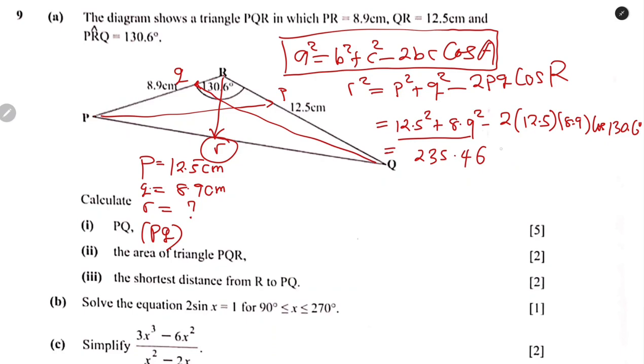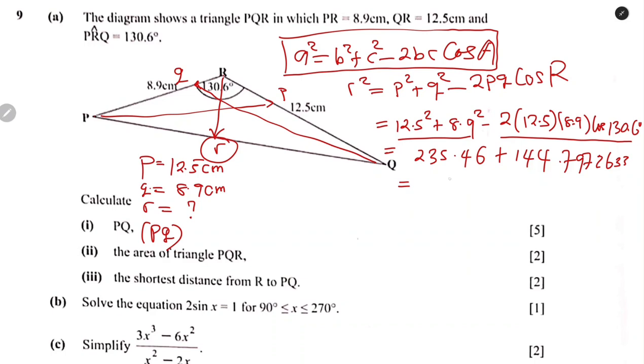Then plus the whole of this one, punching together with cosine, it is going to give us 144.7972633.